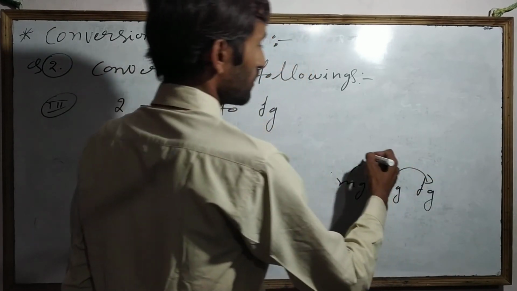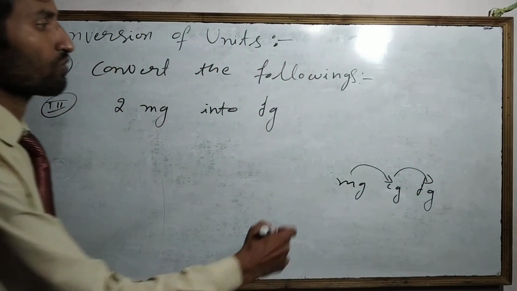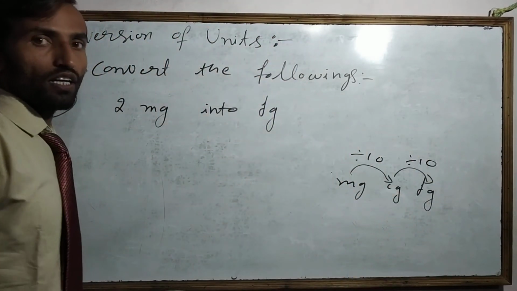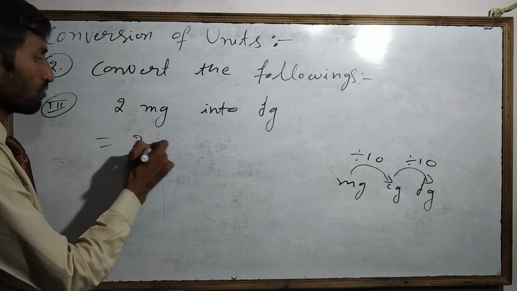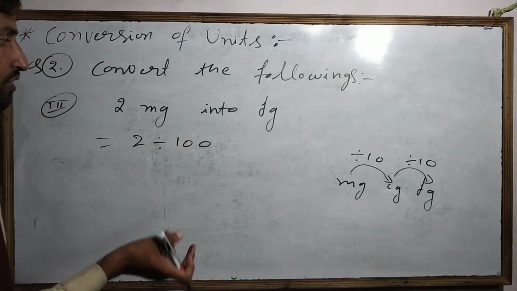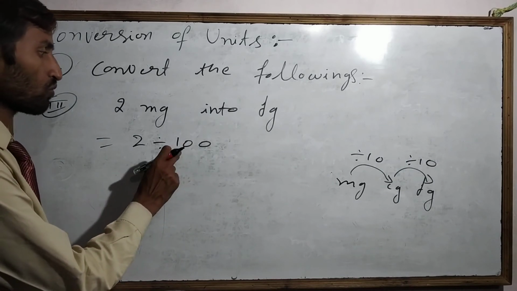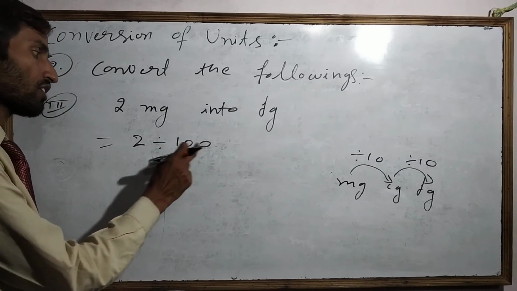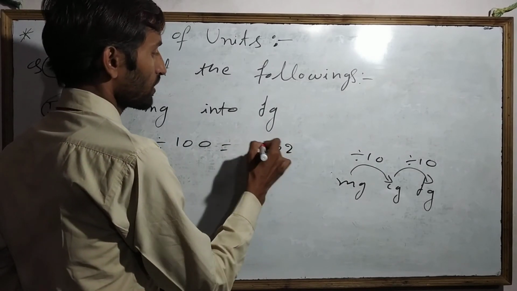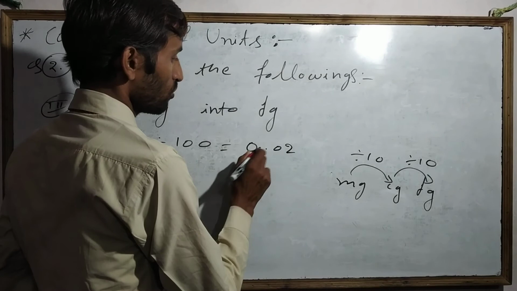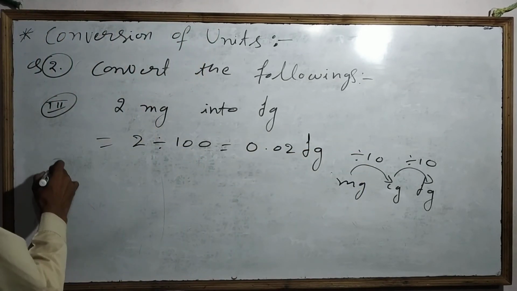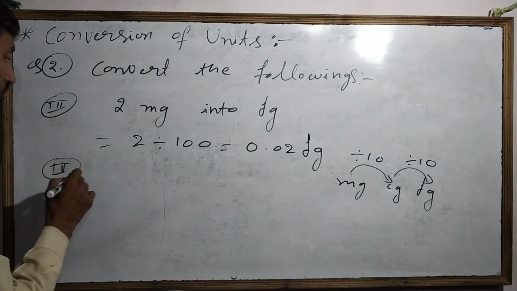That is 2 gaps are there, means we have to divide by 10, then again by 10, so combined we will divide by 100, means 2 divided by 100. So just you see it, we can get the answer directly. 2 zeros are there, means 1 has 2 zeros, so the decimal will come after 2 digits, means 0.2, decigram. Final answer is 0.02 decigram.